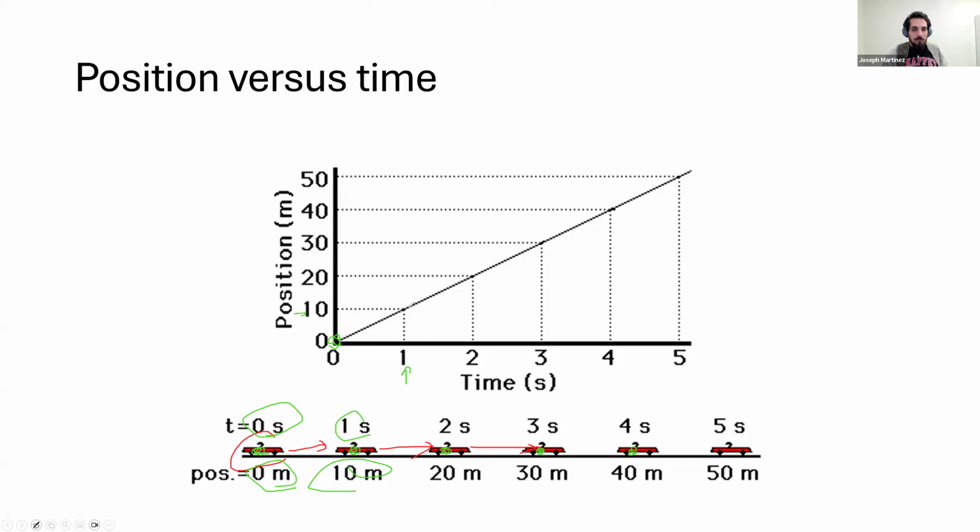So we have a point right there. 2 seconds, we're at 20, 3 seconds at 30, and we start to see that this forms a straight line. And this is always going to be true: if your object doesn't speed up and it doesn't slow down, then it will form a straight line when you graph the position versus the time.